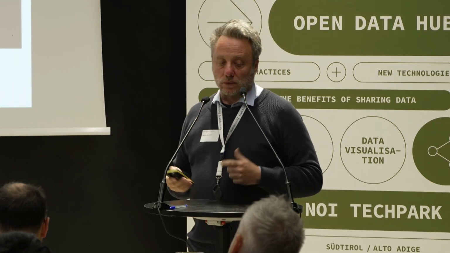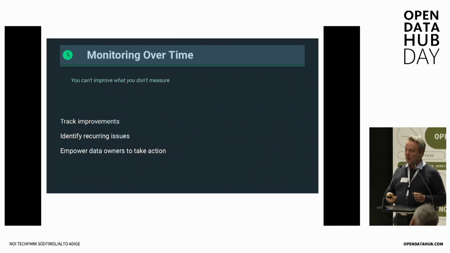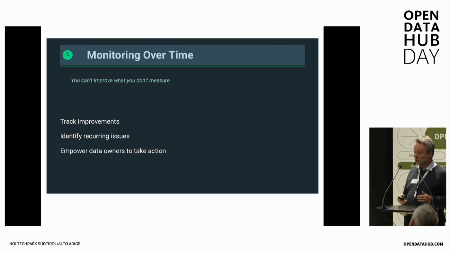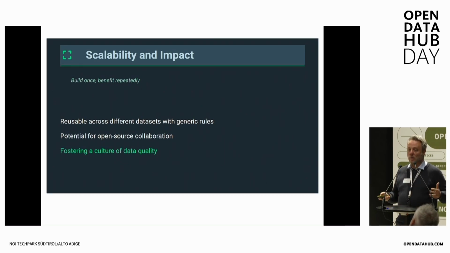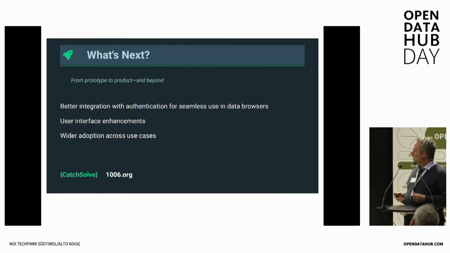Okay, and so this is what we can do. As I said before, we can run this over time and have trends and see how actions can improve the quality. And so we hope that this will help create a culture of quality for the Open Data Hub.